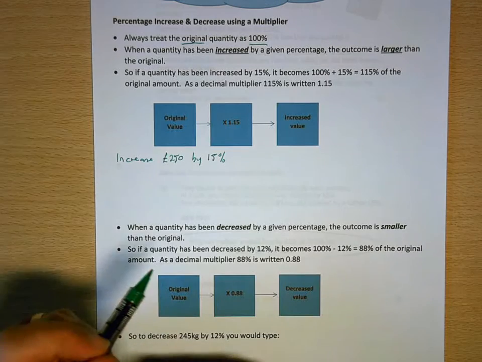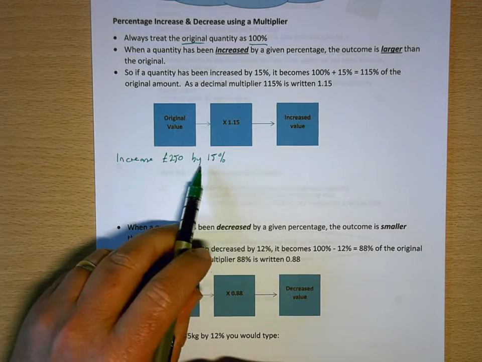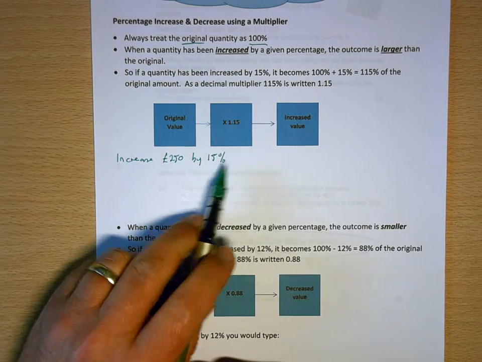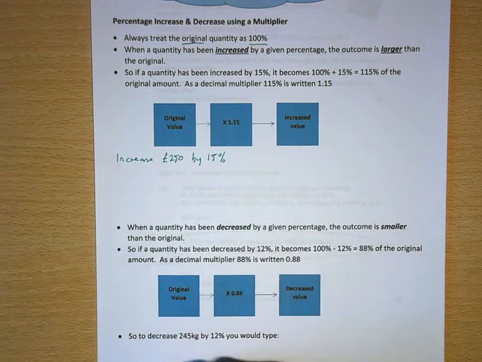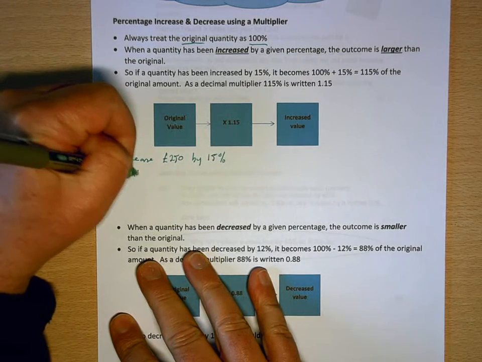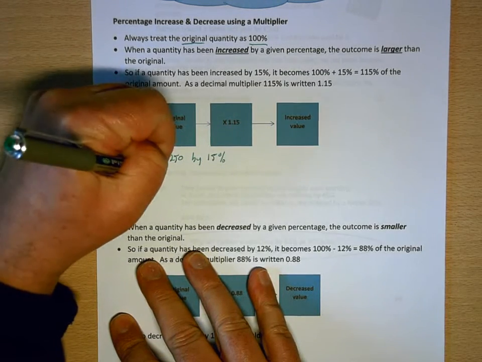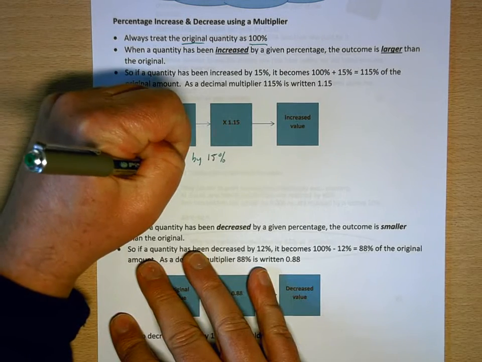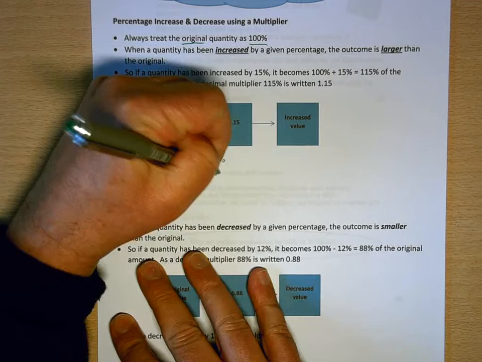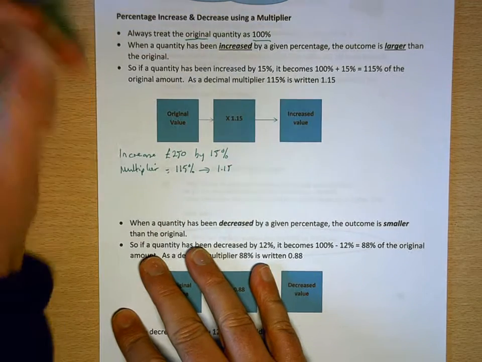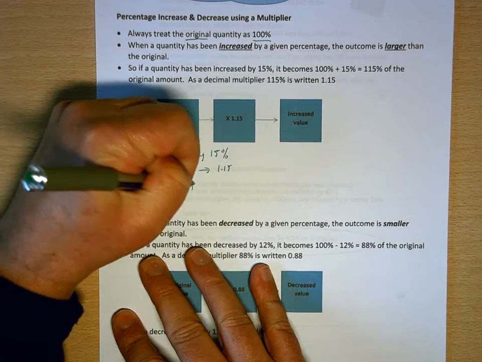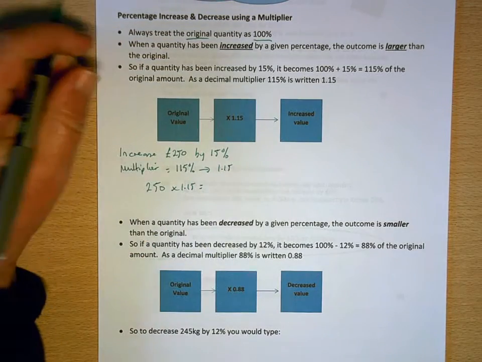The only difference with the method that we're using now is that we're adding the 15% on to the 100% to get 115. So the multiplier is going to be 115%, which gives us 1.15. So we're going to do 250 times 1.15.